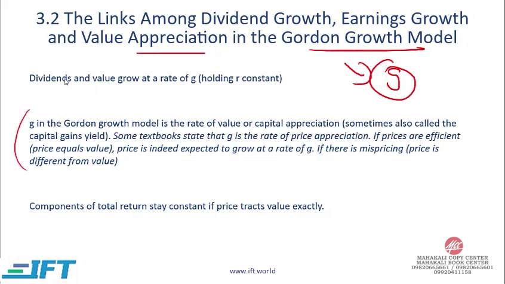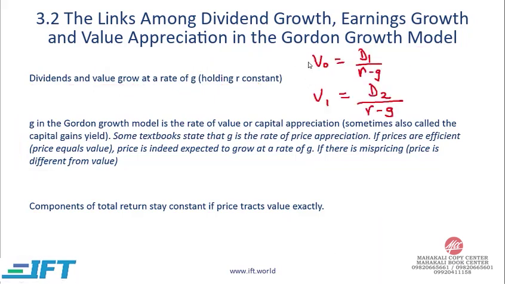When you use the Gordon growth model and you assume a given growth rate of G, let's say G is 3%, and you hold R constant, let's say we are holding this constant at 10%, then the dividends and the value grow at the same rate.